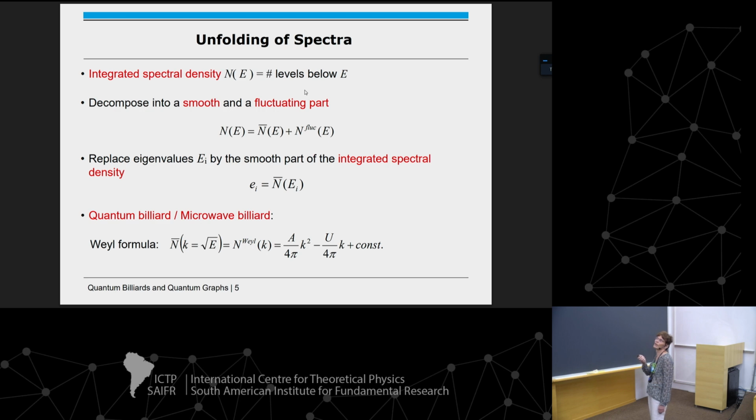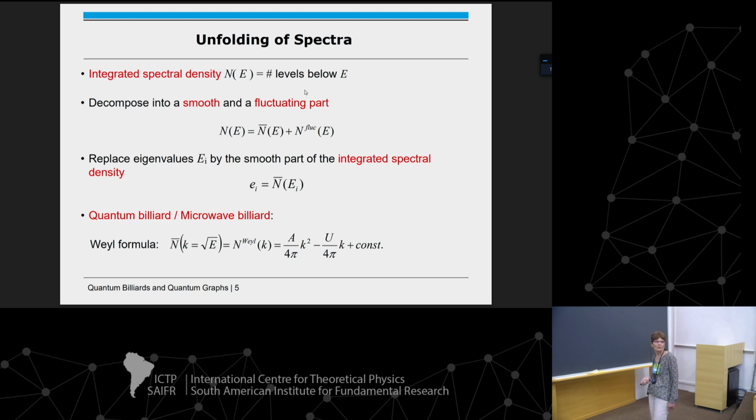And the next problem usually is to find the smooth part of the spectral density, because then the unfolding is done by simply replacing the eigenvalues by the smooth part evaluated at the eigenvalues. Then you have unfolded eigenvalues, and to get this, you have to determine the smooth part. For example, in a nucleus, it can be very difficult because there's no analytic result, so you don't really know what to fit.